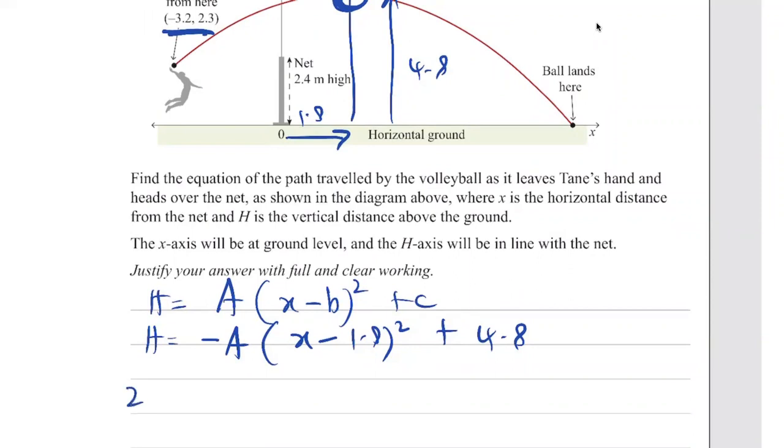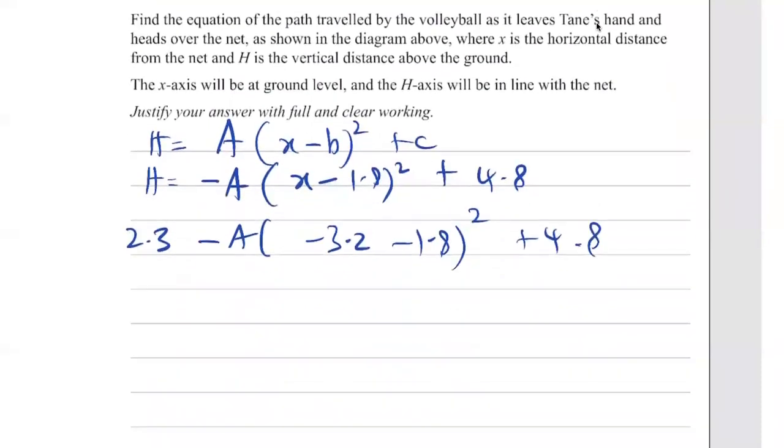So h is 2.3, which is sort of the y coordinate, or in this case, the h coordinate, and x is negative 3.2. So we're going to substitute that in. So negative 3.2 minus 1.8, squared, and we've got plus 4.8. So let's work this out a little bit. Equal sign disappeared somewhere. So 2.3 is equal to negative a.